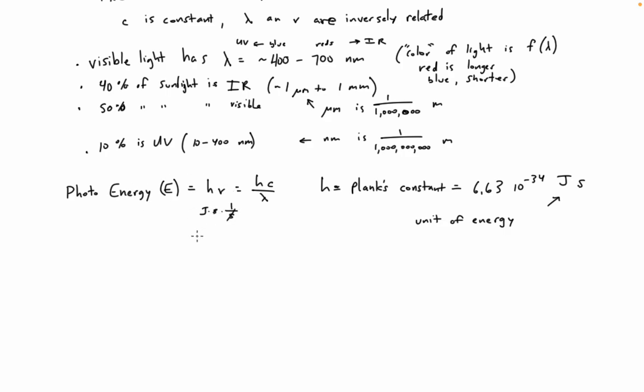So yeah, the units check out. So what this means here is that the shorter the wavelength, so if we have a short wavelength here, we're going to have more energy.